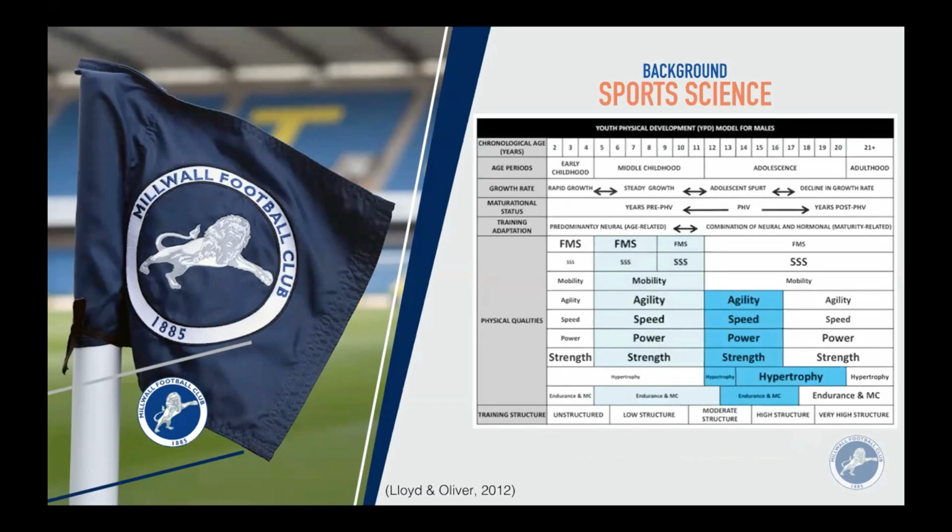So this is an LTAD model, which I just wanted to cover briefly, as most practitioners within the field would have seen this before. But it's something to know and understand how we take this model and use it in my current work at Millwall Football Club: how we look at growth rates and maturation statuses, and then how we program physical qualities around that within all the sessions we do.